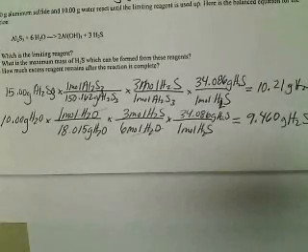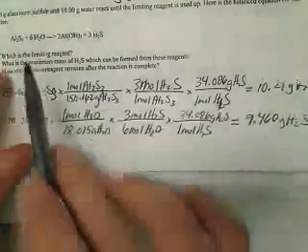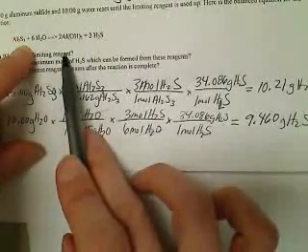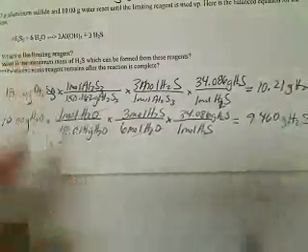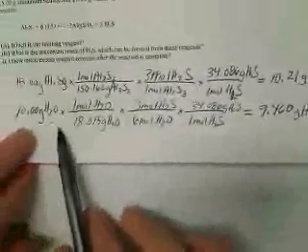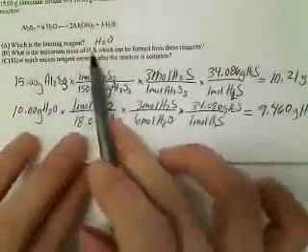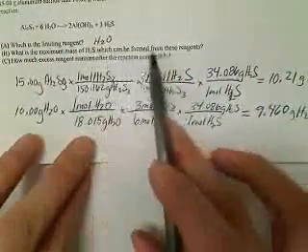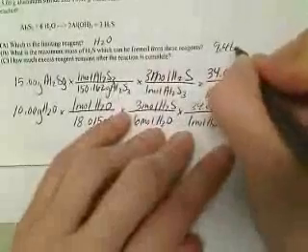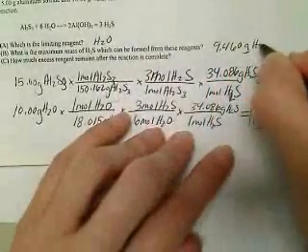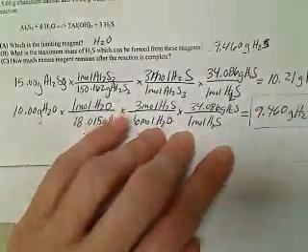The limiting reagent is always one of the reactants, and it's the one that gives you the least mass. So what is your limiting reagent? Water. What is the maximum mass of H2S which can be formed from these reagents? The maximum you can get is 9.460 grams of H2S.